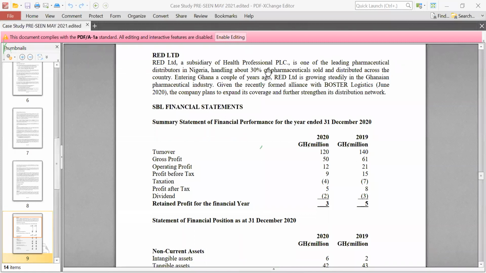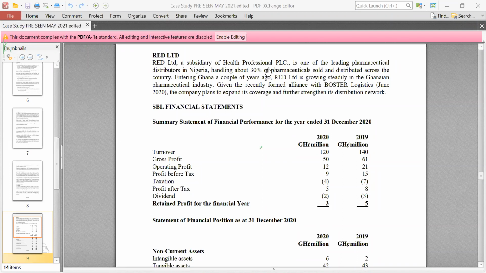So when we say cost of sales, what is cost of sales? I know people say cost of sales, cost of sales. What is cost of sales? So the cost of sales is basically the cost, the overheads. Let me put it that way.